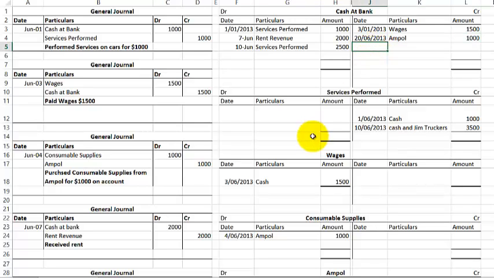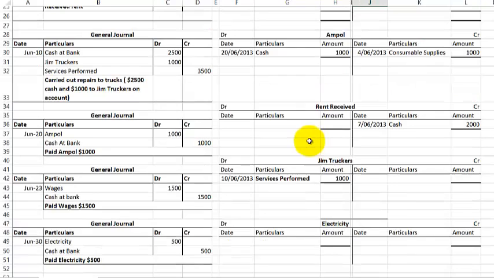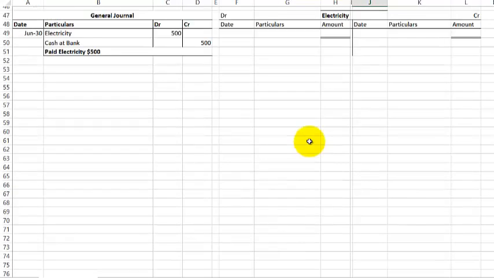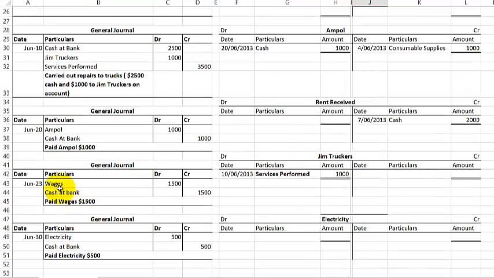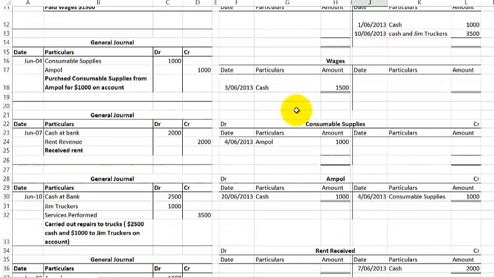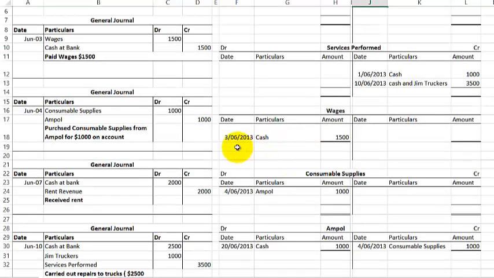We've got two more entries to make, to post to our general ledger. We've got to record wages and cash at bank. Wages is an account that we had before. I'm going to bring that up here. That's again for $1,500. This happened on the 23rd.